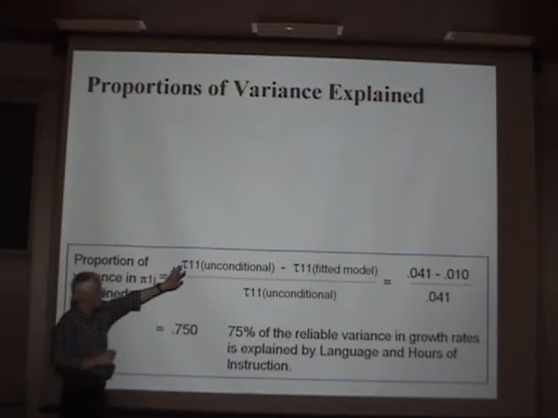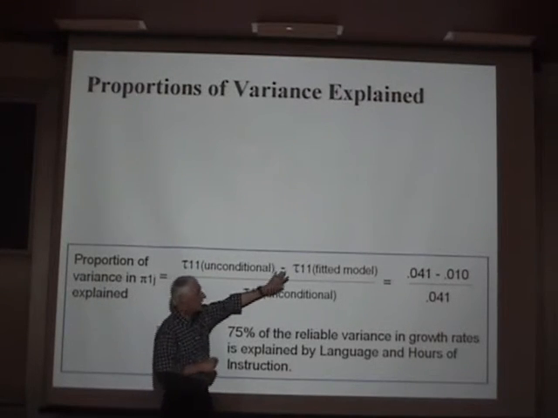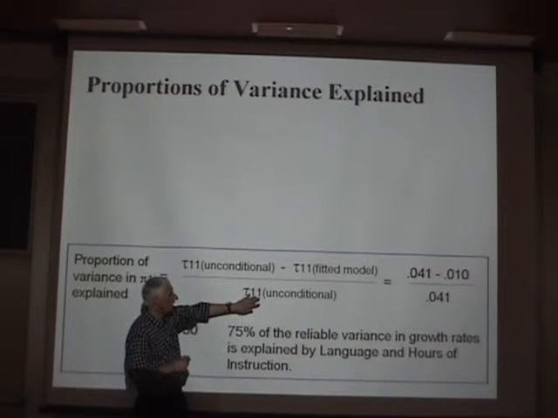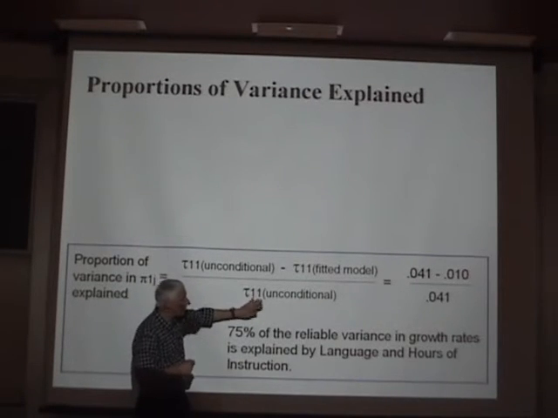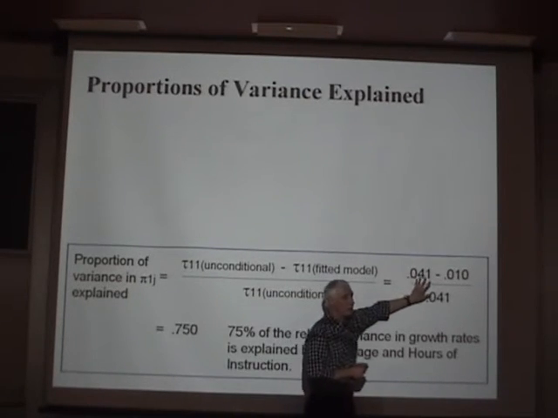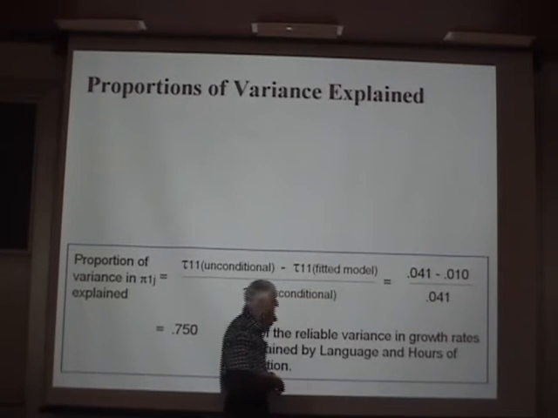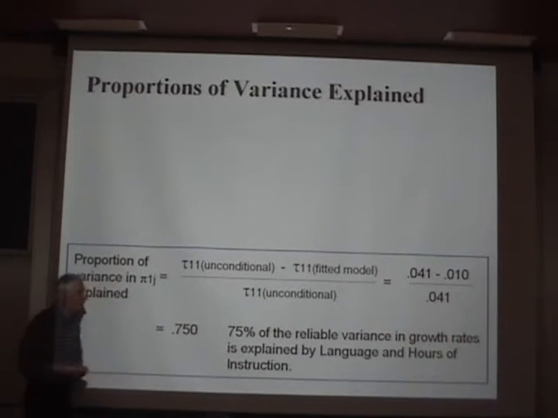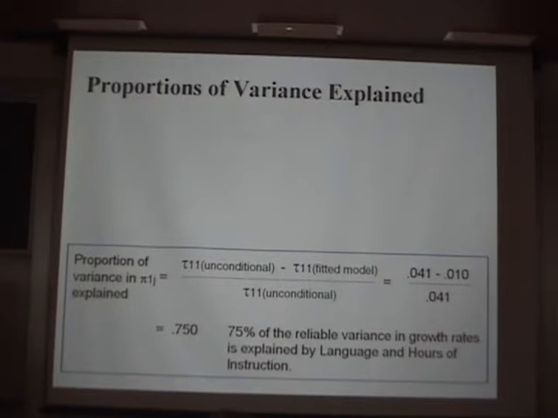We take the tau without the predictive variables, the tau with the predictive variables, and divide by the tau without the predictive variables. And this is right, we got the right denominator. And so we're accounting for 75% of reliable variance in growth rates. 75% of the reliable variance in growth rates is explained by home language and by hours of instruction. So that's pretty good.